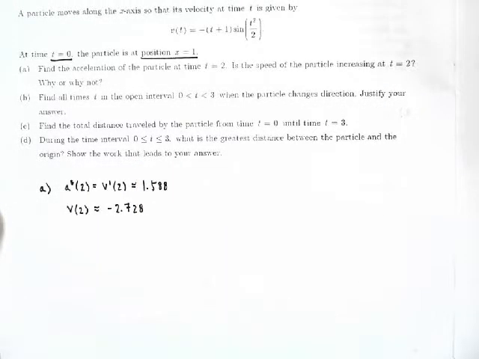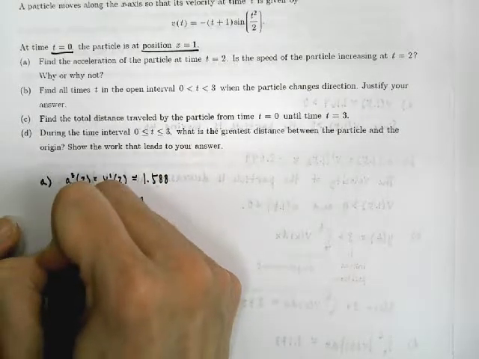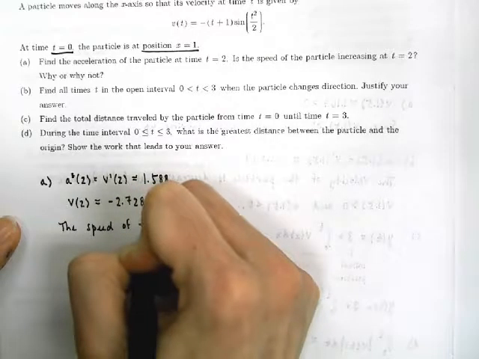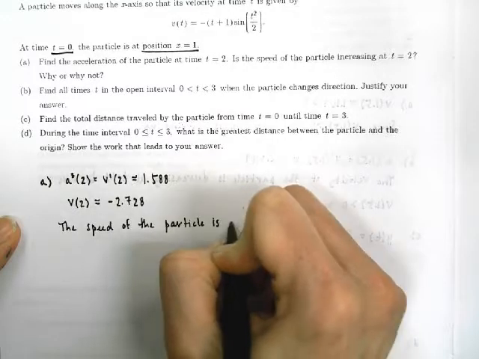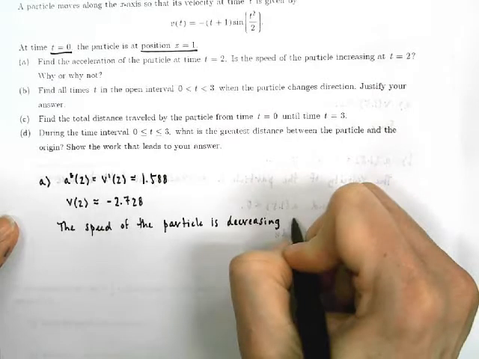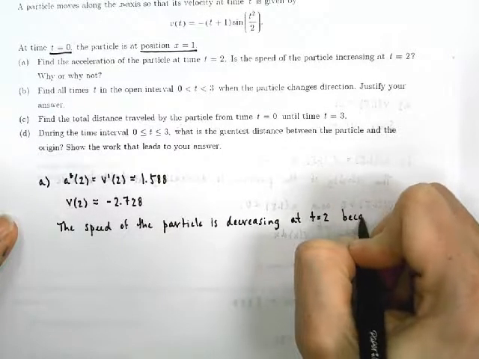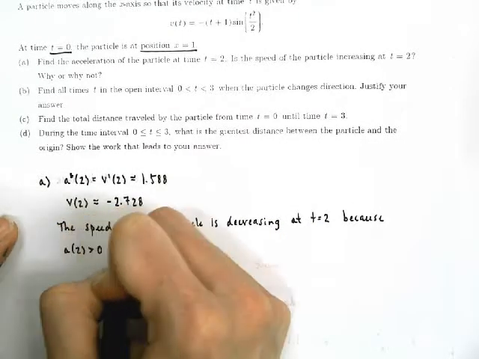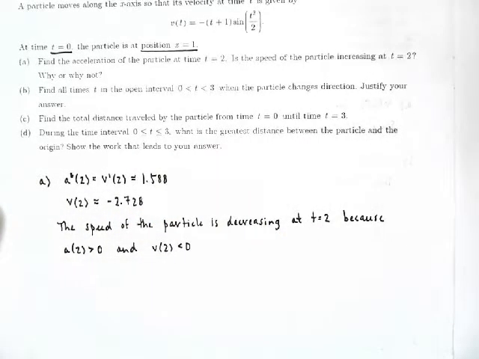So since these have opposite signs, I know the speed is decreasing. So it's decreasing at t equals 2 because a of 2 is greater than 0 and v of 2 is less than 0.